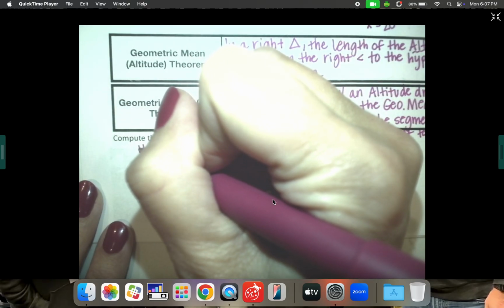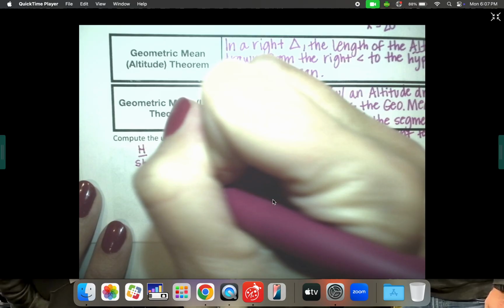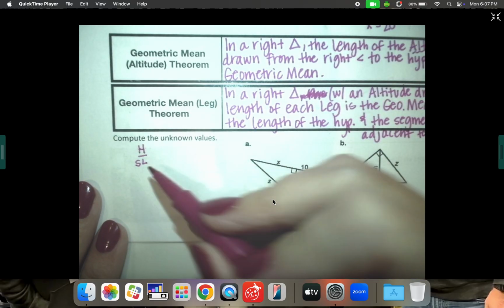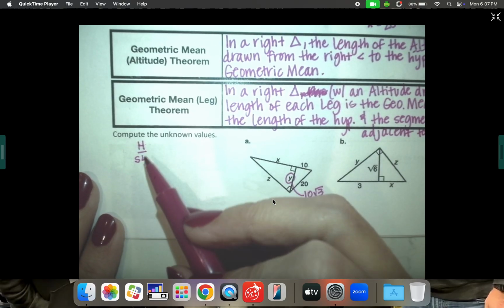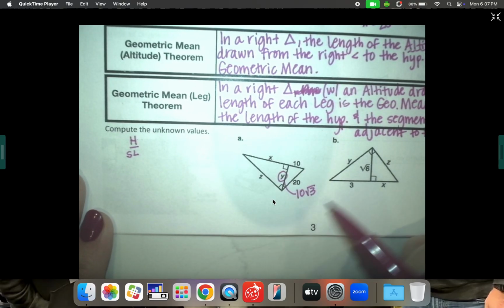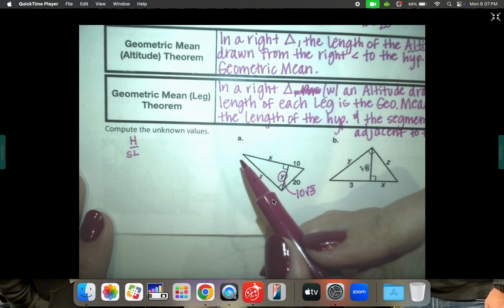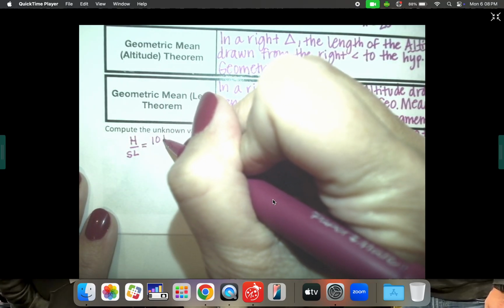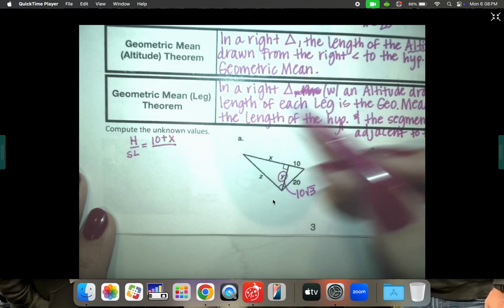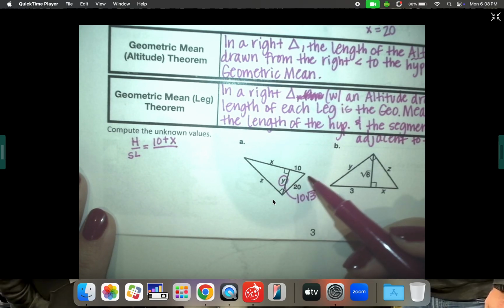Just because I want to keep that straight, I'm going to make myself a little key over here: hypotenuse over short leg. I'm going to do that ratio in all three triangles. In the big one, my hypotenuse is 10 plus x and my short leg is 20.